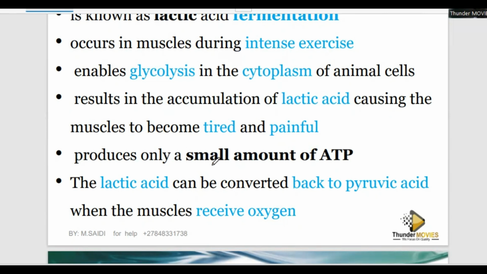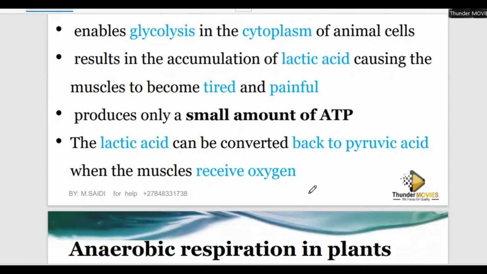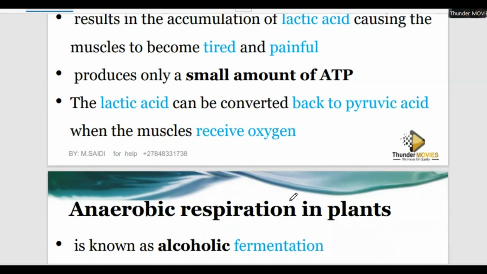It produces only a small amount of ATP. We have talked about this. Lactic acid can be converted back to pyruvic acid when the muscle receives enough oxygen. Then we can take it to the Krebs cycle and oxidative phosphorylation, and the maximum amount of energy can be produced.